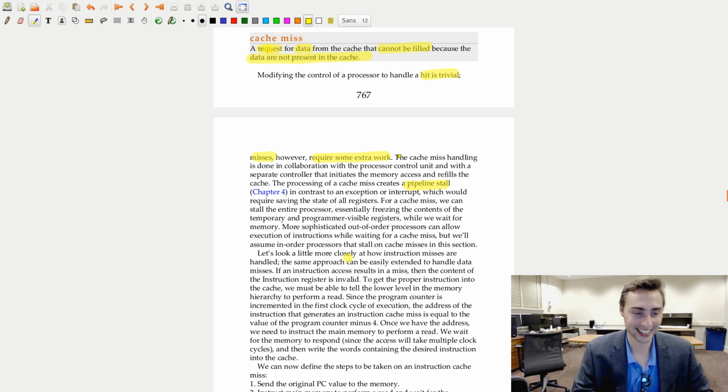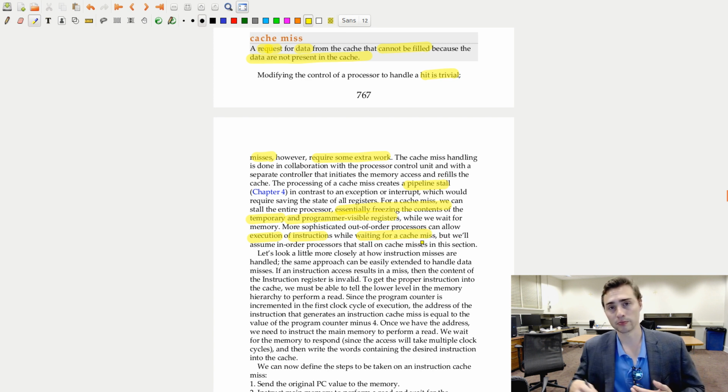We have to wait. For a cache miss, we can stall the entire processor, essentially freezing the contents of the temporary and programmer visible registers and wait for memory. But like we said, more sophisticated out-of-order processors can allow execution of instructions while waiting for a cache miss. So basically we find other work to do while we're still waiting for something to come back from memory.